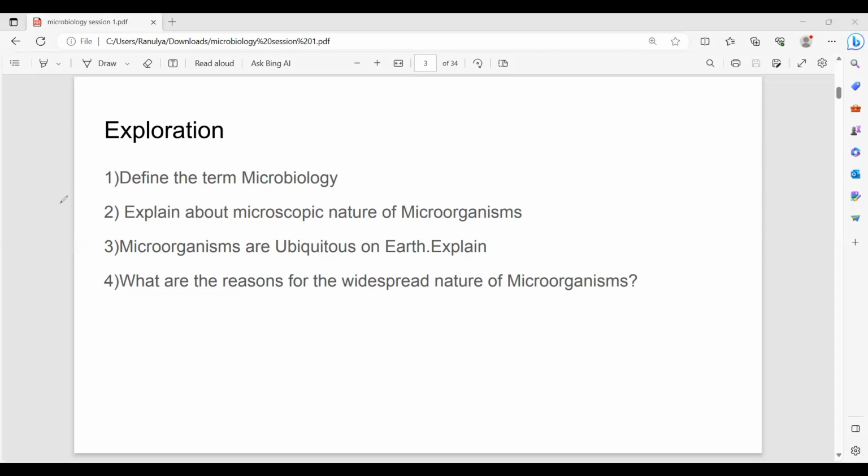Then, question number 3. Microorganisms are ubiquitous on Earth. Explain. Then, you need to note down the points I say. Mark them if you have them in your notes. Microorganisms are found everywhere on Earth. They're found in water, soil, air, and the interior and exterior surfaces of other organisms. Second point, marine and freshwater microorganisms form the basis of food chain in oceans and freshwaters.